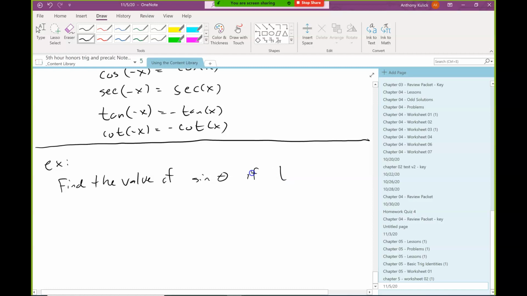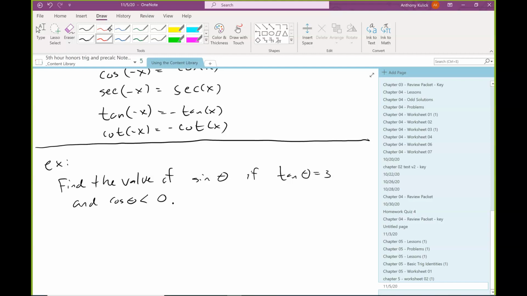Here we're asked to find the value of sine theta if tangent theta is equal to 3 and cosine is negative. Now this is a problem that we've already done, right? We did this back in chapter 2, I think, where we drew a picture and used the triangle and the Pythagorean theorem to figure this out.